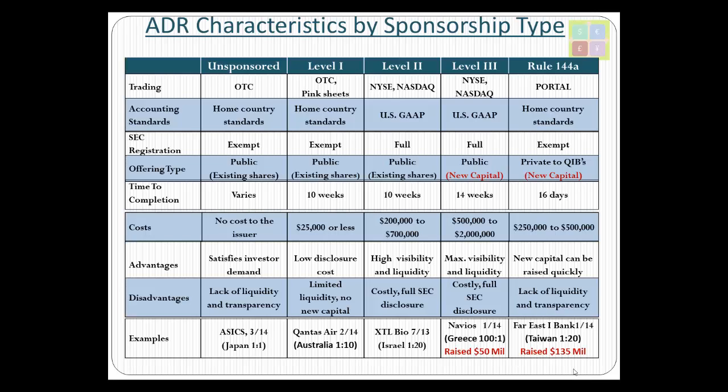And the company raised $50 million. Under SEC Rule 144A, Far East Investment Bank offered shares in January of 2014 and raised $135 million. This company is from Taiwan, and 20 local shares were combined to create one ADR.